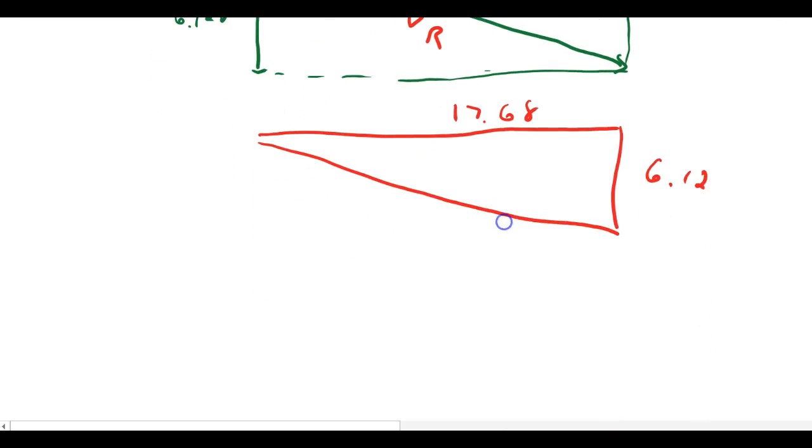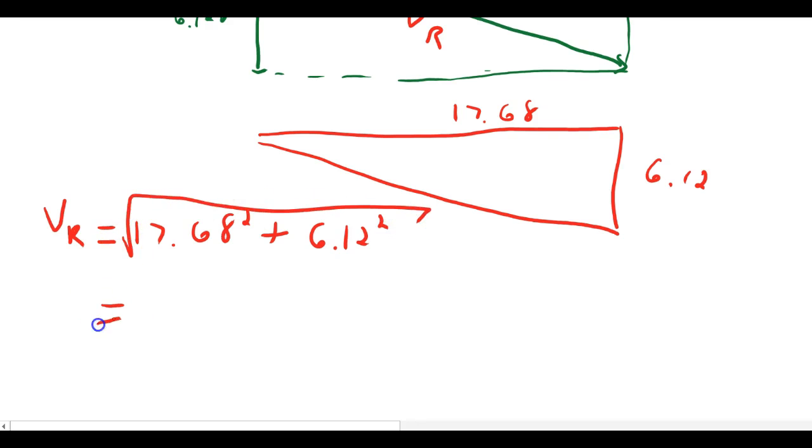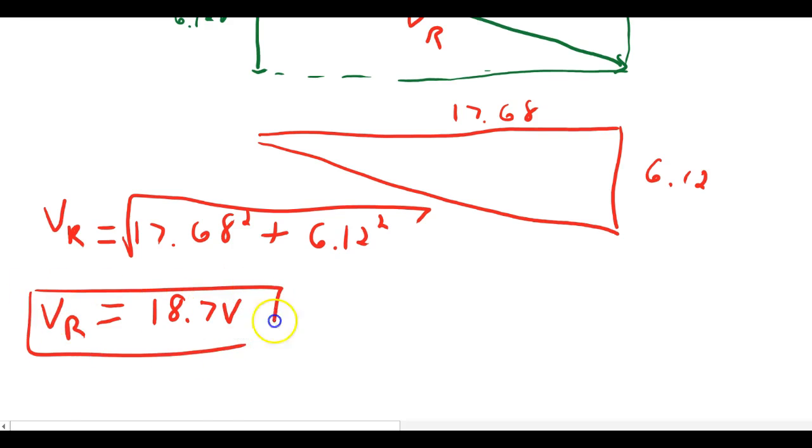And so the resultant has a magnitude of the square root of 17.68 squared plus 6.12 squared. If you do the math on that, 18.7 volts is the resultant. Now remember that that is an RMS value. It is one of the answers to the question we were asked, for the instantaneous equation and the RMS value. So that is indeed the RMS value.